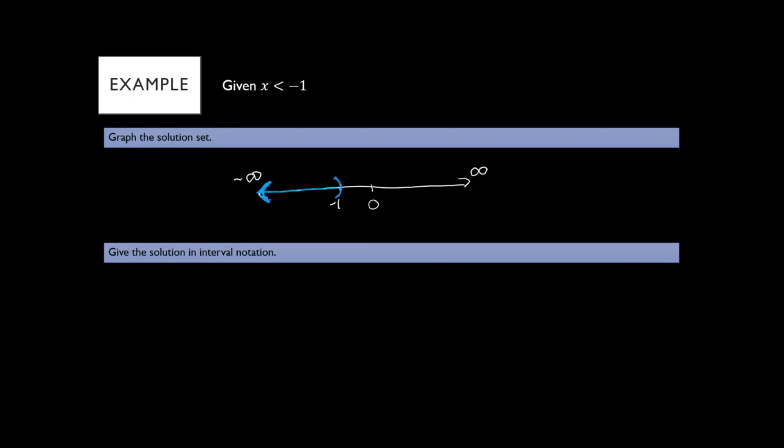Less than does not include the point, so that's a parenthesis. And then instead of coloring in my arrow, I sort of turned my arrow into a parenthesis so that you can see that the parentheses are always at the infinity parts. So in interval notation on the left, I have a parenthesis at -infinity, comma, and then I stop shading at -1, and that has a parenthesis because it's less than, so it does not include -1.